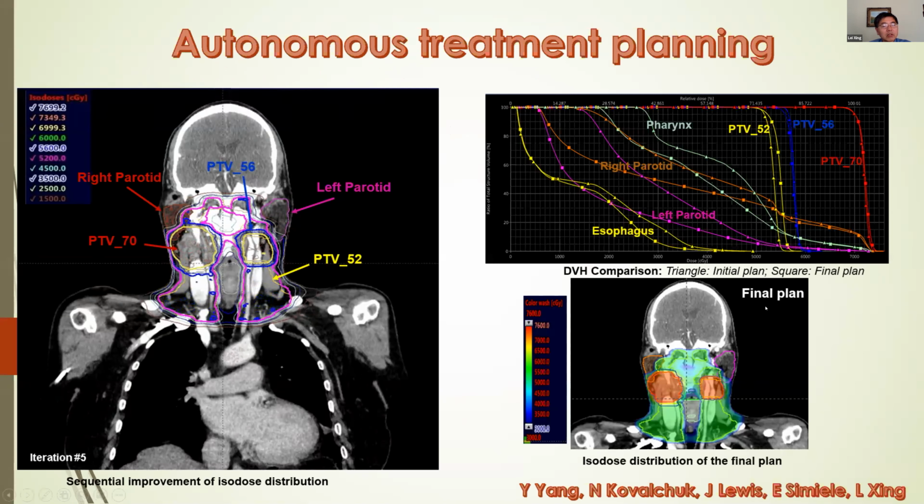For treatment planning, we were able to again use treatment plans from prior patients to speed up and automate the treatment planning process. For a patient like this, a head and neck patient, we're talking about one day or even two days of labor of a technician.